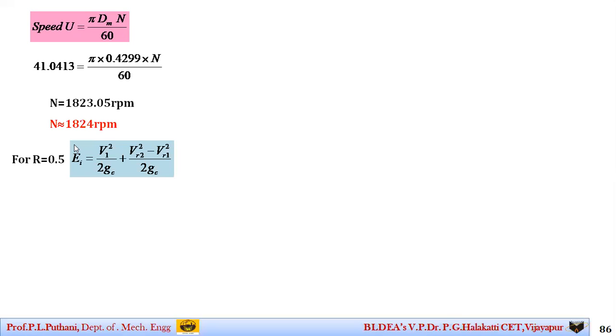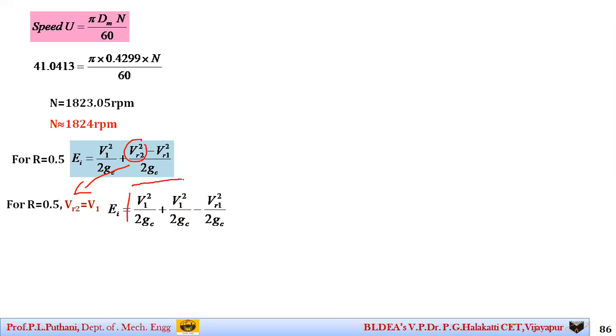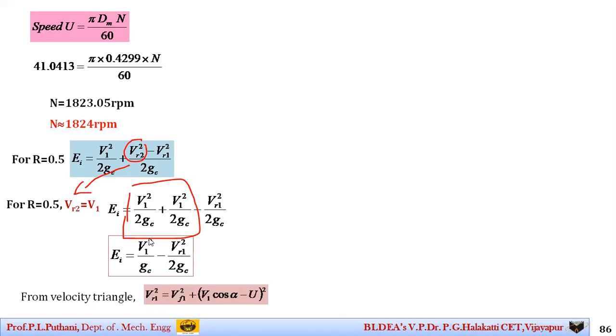Then I go for my degree of reaction equation, which we have used previously in the previous sessions for the analysis purpose. I add it as the sum of the fixed blades and the moving blades, Vn squared by 2gc plus Vr2 square minus Vr1 square by 2gc. I can again separate them, and what I will do here is, as we know that this Vr2 is equal to V1, I'll substitute Vr2 as V1. So if I sum up these together, I get only V1 square by Gc minus Vr1 square by Gc.